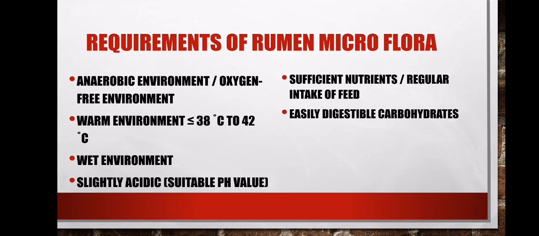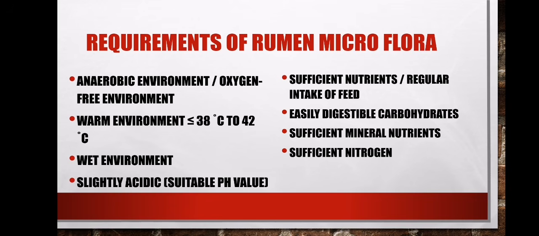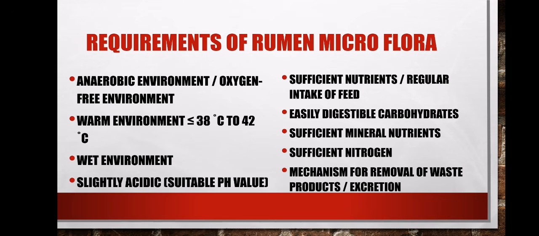You can talk about easily digestible carbohydrates, sufficient mineral nutrients, sufficient nitrogen, or proper removal of waste product. But if you can cram the first three, we can be safe. This is what you have to understand, good people.